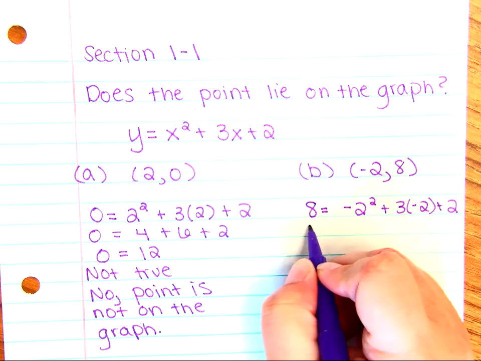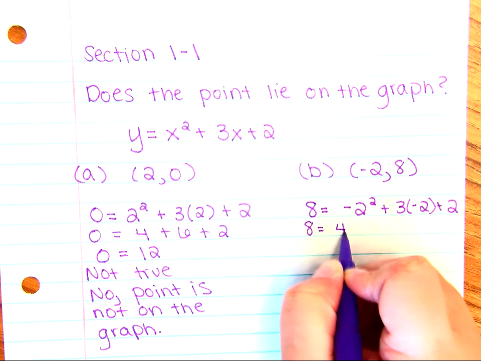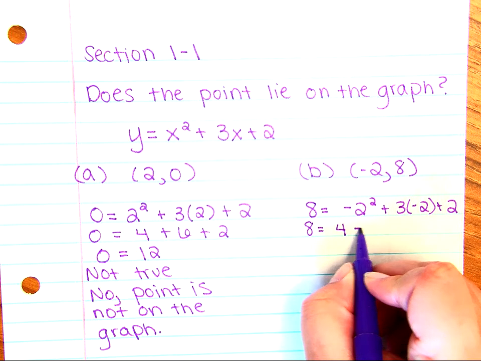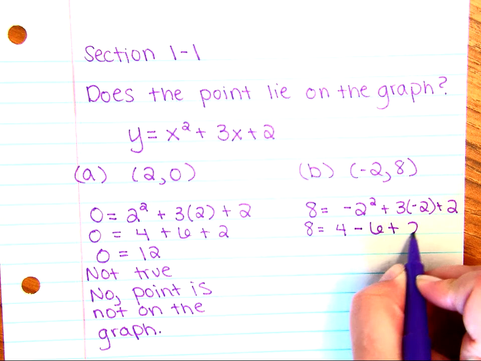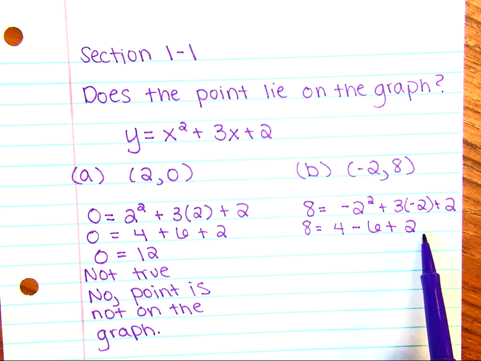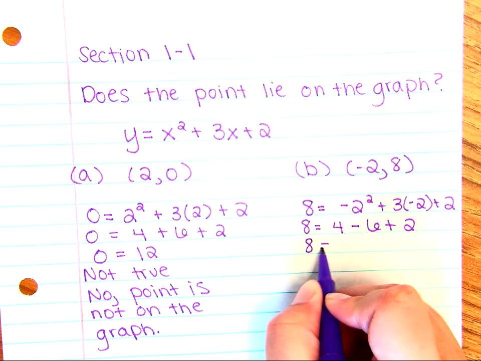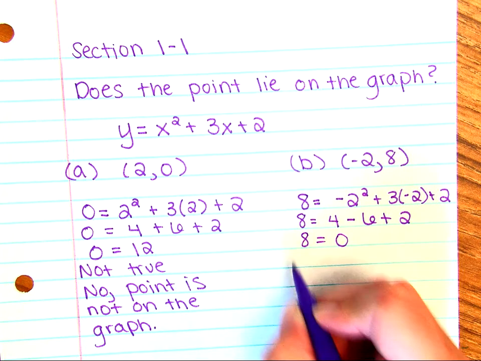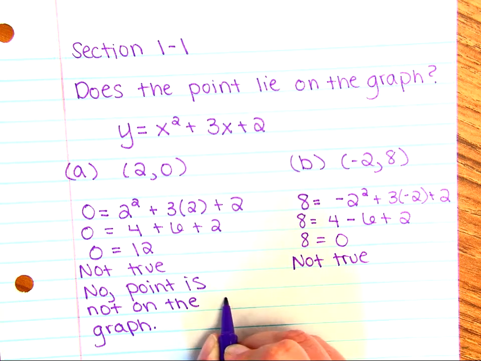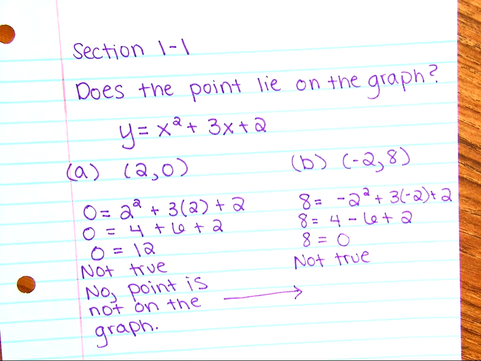Negative 2 squared is 4, plus 3 times negative 2 would be minus 6, plus 2. 4 minus 6 is negative 2, plus 2 is 0, so we have 8 equals 0. Again, we would say not true. So then we would say the point is not on the graph.